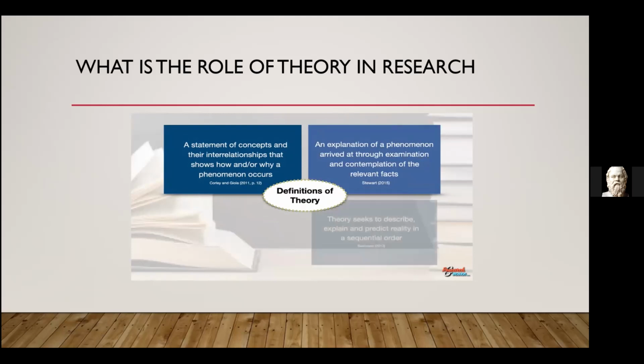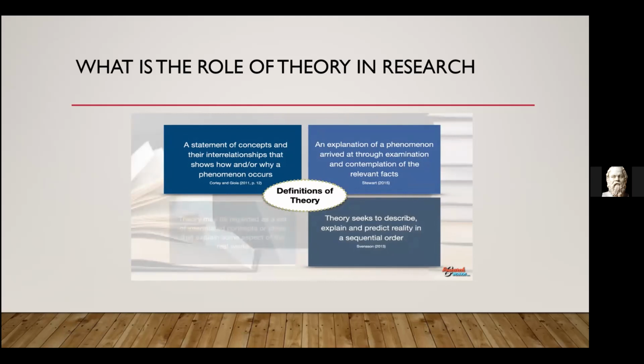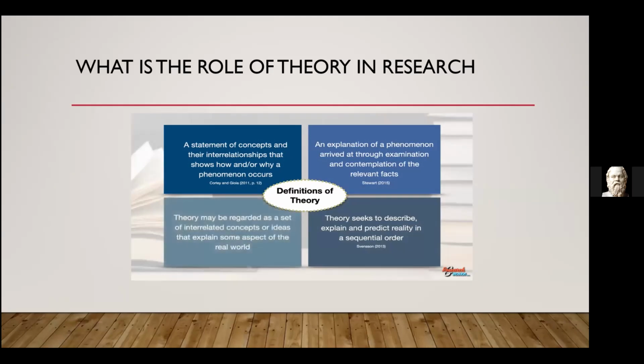Yet another author describes a theory as seeking to describe, explain, and predict reality in sequential order. So theory, in the simplest terms, may be regarded as a set of interrelated concepts or ideas that explain some aspect of the real world.